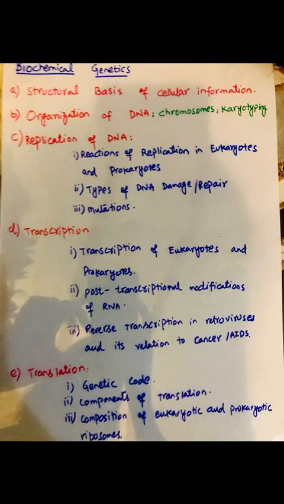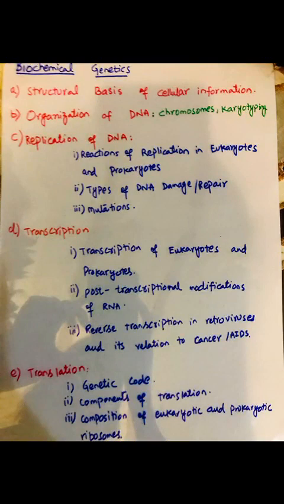basis of biochemical genetics. When we go into the details, we encounter many different topics. Like in the first phase, we will see in the A part the structural basis of cellular information. What are the structural basis of cellular information? This structural basis of cellular information is basically two distinct types of biomolecules, which are nucleic acids.